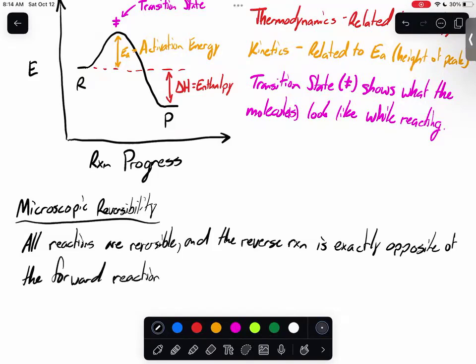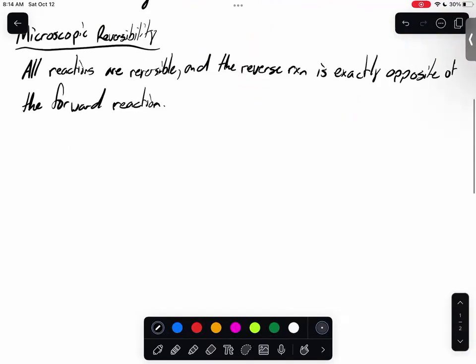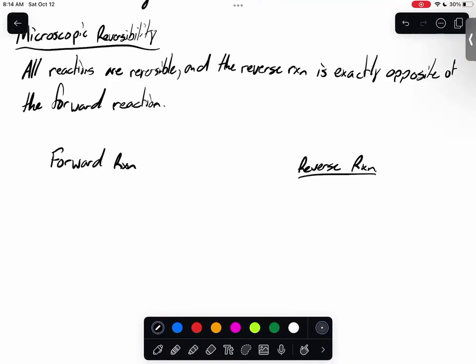And we saw this quite a bit in acid-base chemistry, but I wanted to put it into terms of a set of energy diagrams. All right, so let's say we had a forward and a reverse reaction. And we were looking at energy diagrams for them.